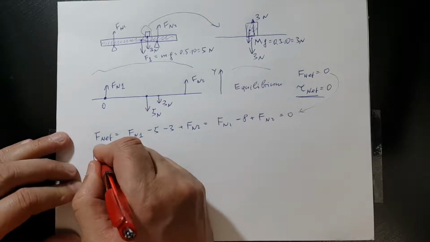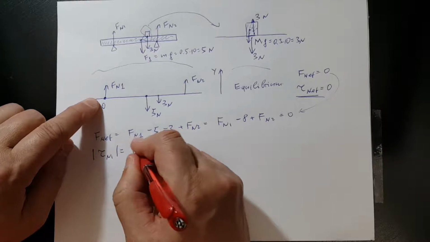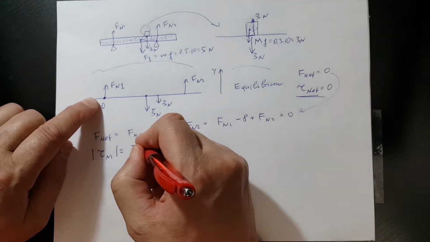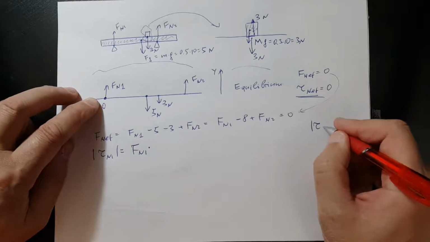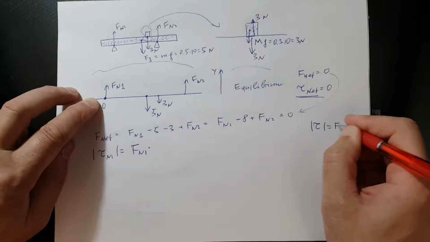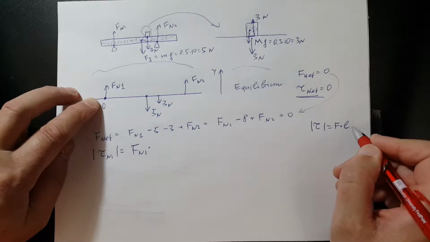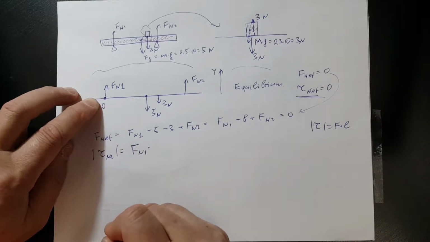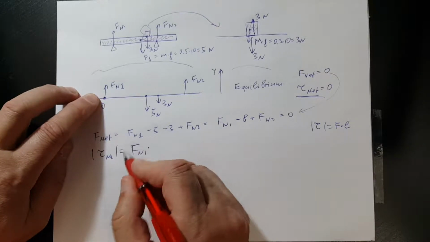The individual torque of each force is equal to the magnitude of the force times the lever arm of that force relative to the origin or axis of rotation. We don't know this force, but we cannot leave this space empty.